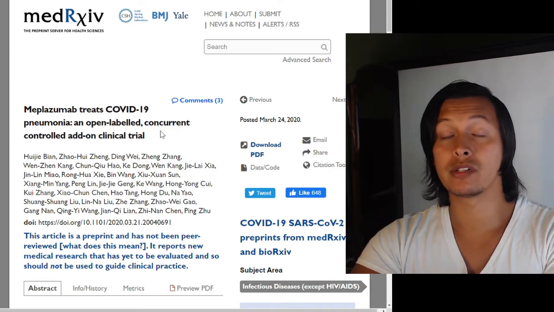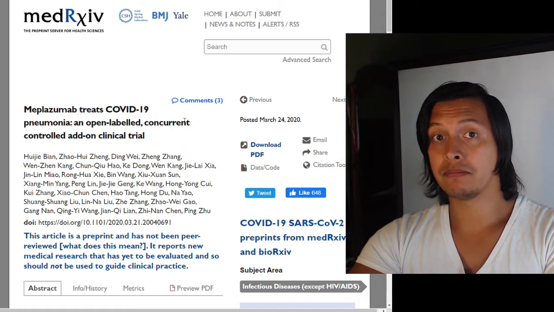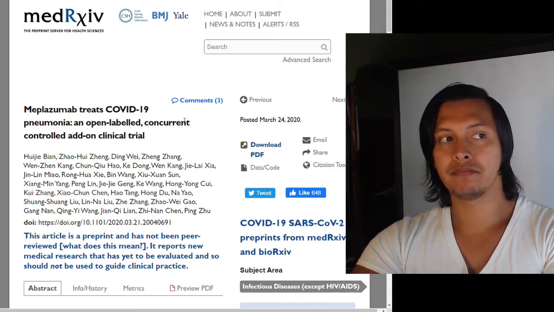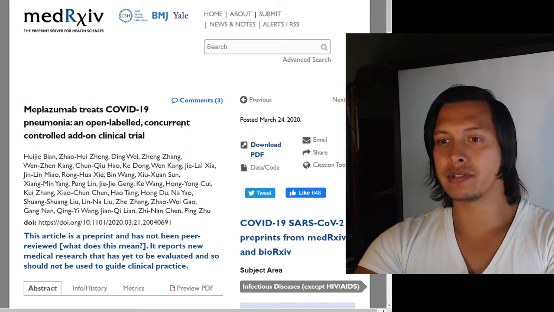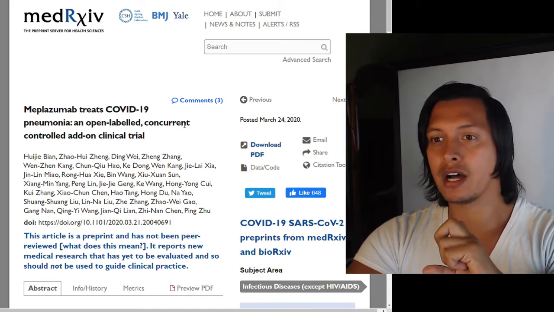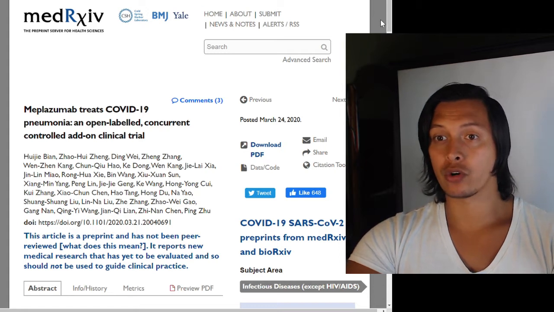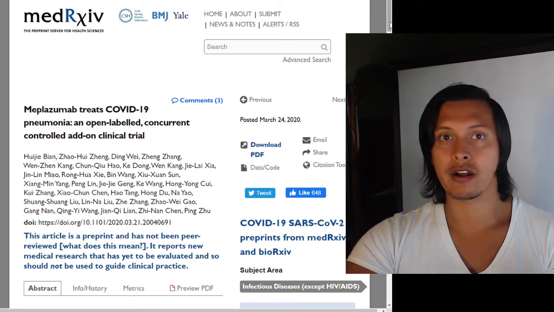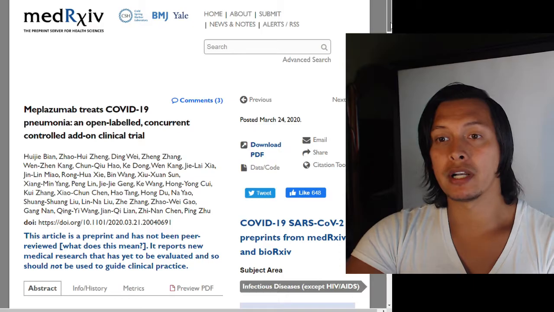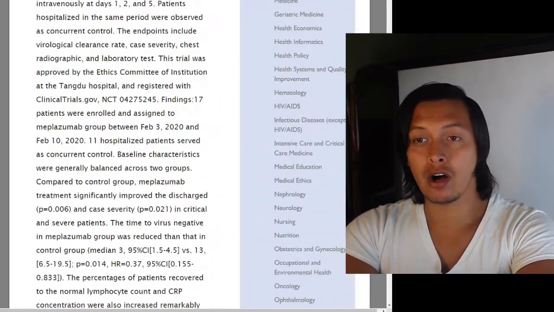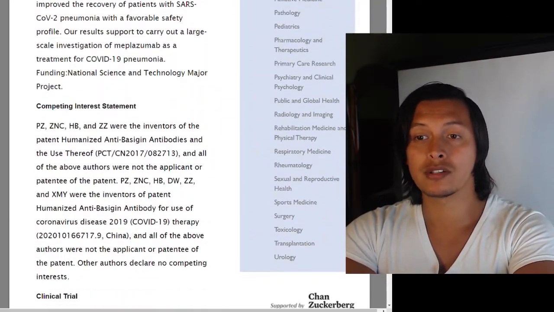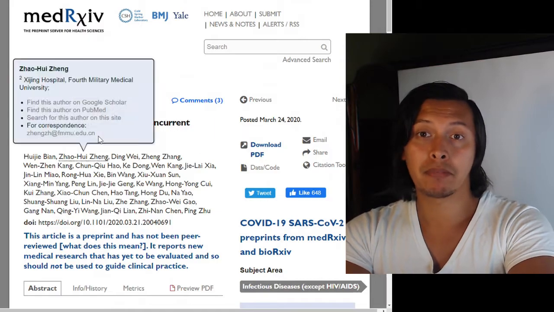I wouldn't even say it's a real trial, but they tried to do it, and granted, things were crazy, so it's kind of hard to get everything done correctly. But this small group did show that there was some benefit to using meplazumab.